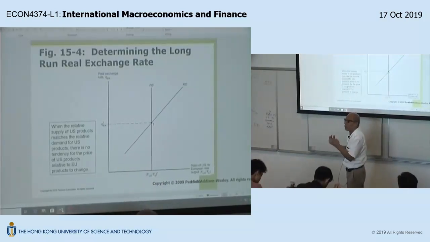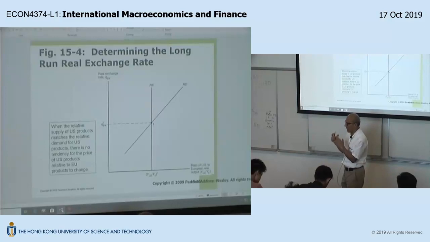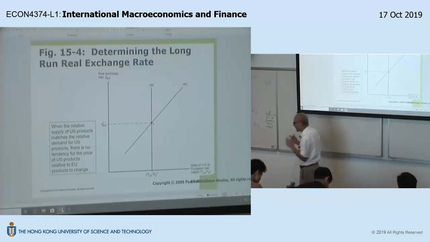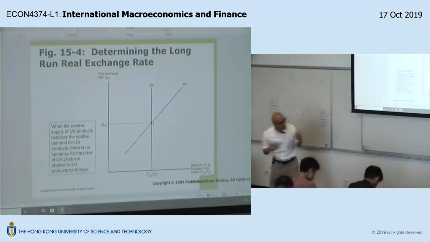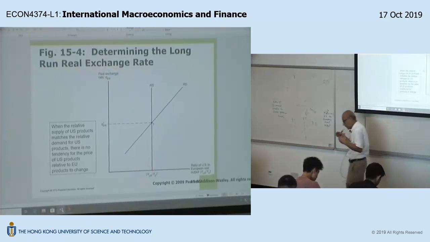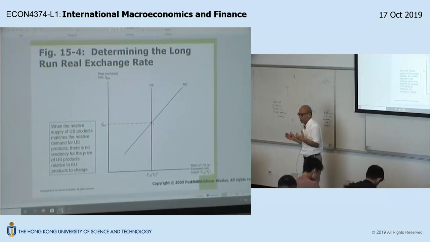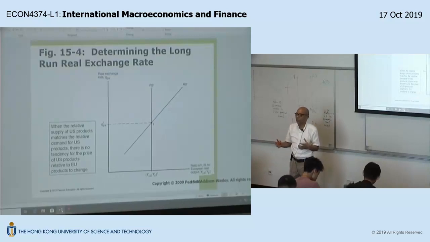Whenever relative supply is not equal to relative demand, it means that the markets are not in equilibrium. And remember, this is a general equilibrium model. So when there's a disequilibrium, both the home market and the foreign market are not in equilibrium.